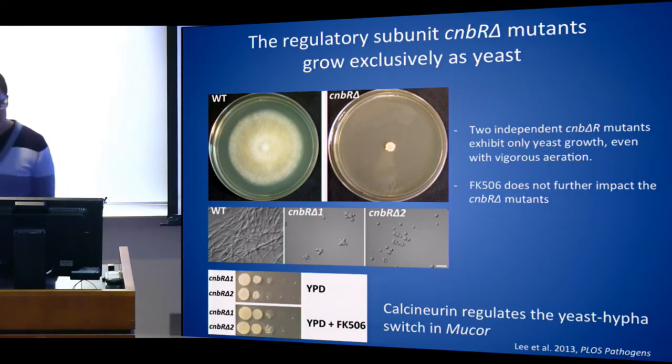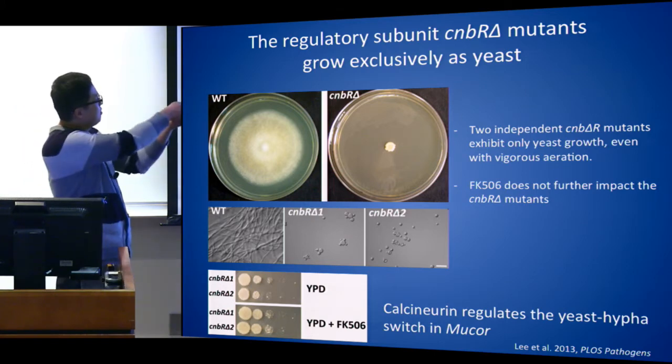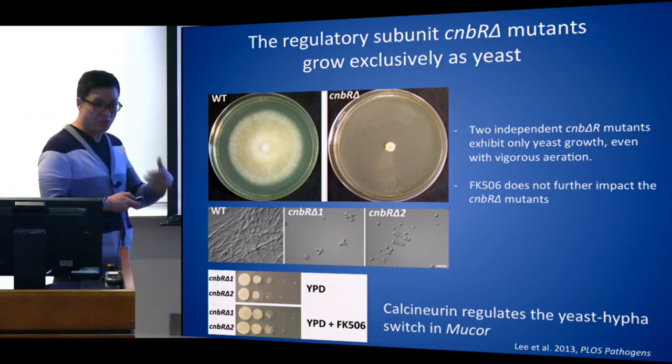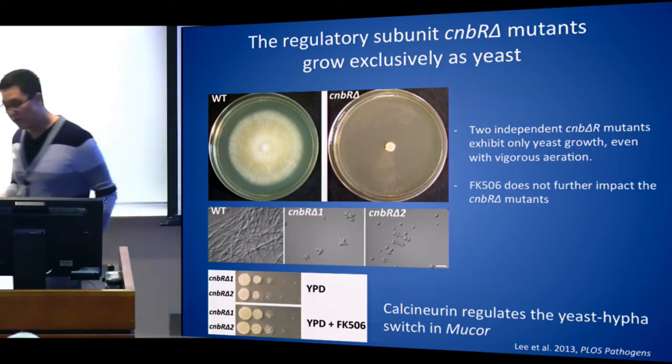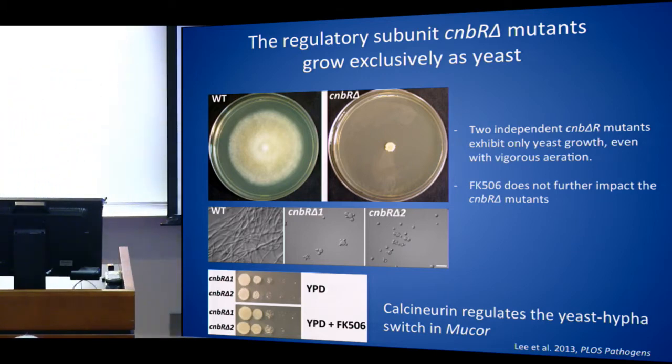Then we did the critical experiment. We knocked out the regulatory subunit genes. As I mentioned, if you don't have a regulatory subunit, you don't have calcineurin activity. We knocked out just a single gene, and Mucor completely grows as yeast all the time. So we generated a yeast-locked mutant by mutating the calcineurin regulatory subunit genes.